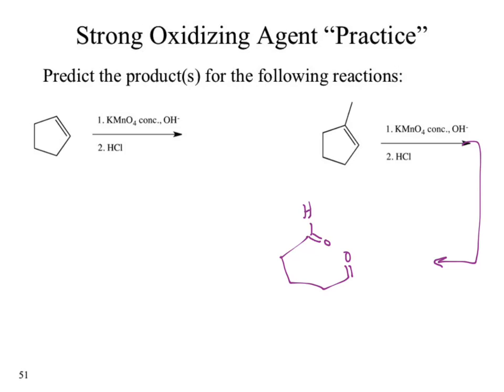I need to have a hydrogen at the position where the carbonyl is located. Let's call it the red carbonyl versus the purple carbonyl. Does the red carbonyl have a hydrogen at that position? No. It has a carbon, which then means I can't oxidize it.